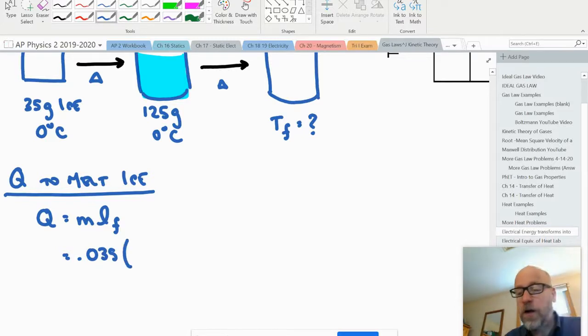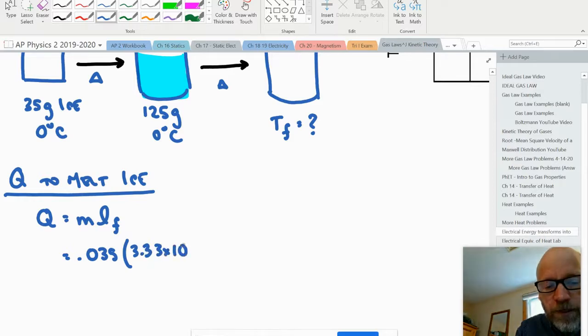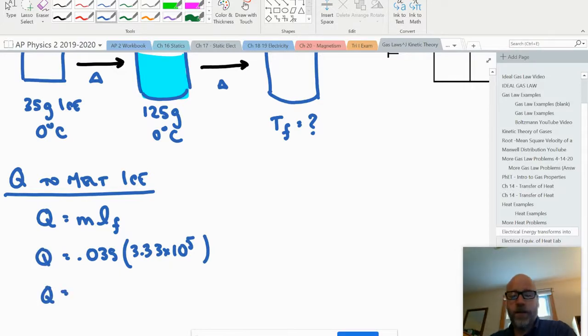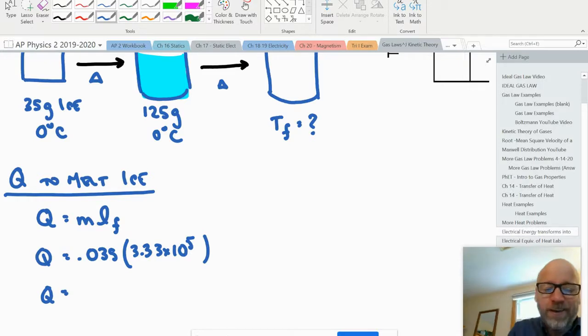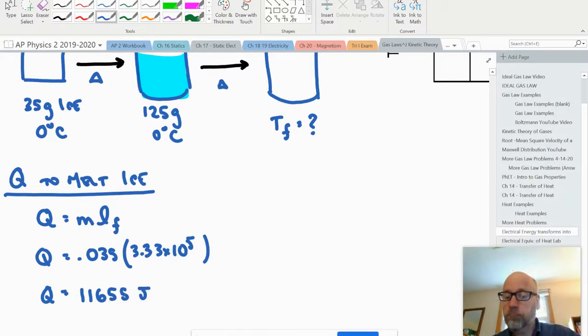And if I look at the chart at the top of this paper, I know that the latent heat of fusion for ice is 3.33 times 10 to the 5th joules per kilogram. So the amount of heat necessary in order to melt that ice is 11655. Now, of course I should round that, but I'm not going to round it yet. I'm going to sort of let that go. So 11,655 joules.